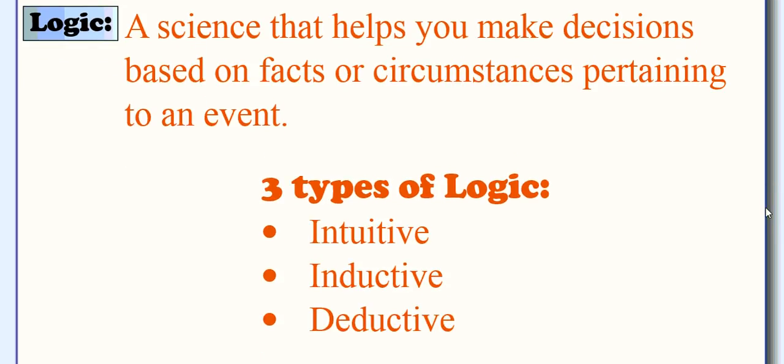Intuitive, inductive, and deductive. Intuitive is your intuition, like your gut feeling. Inductive is when you look for a pattern and you kind of assume that pattern is going to continue. And then deductive is taking a more general statement and you're going to make it more specific.